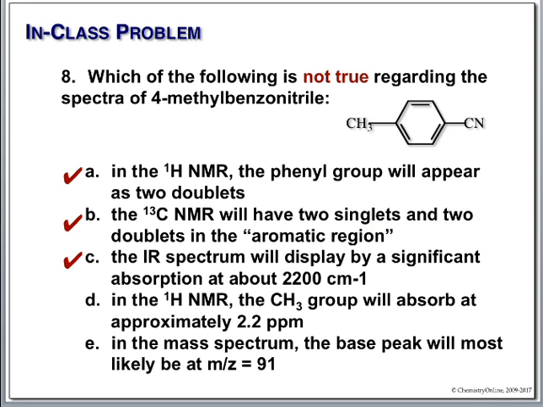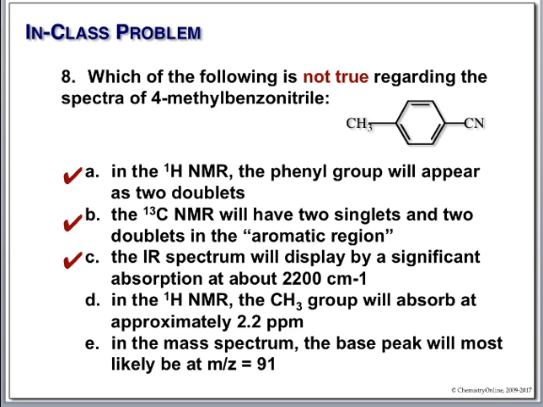Our next one, in the proton NMR, the methyl group, so that's this guy, will absorb at approximately 2.2 parts per million. Now remember, a simple group like a methyl, just sitting there by itself, would be 1-ish, 1.5-ish.